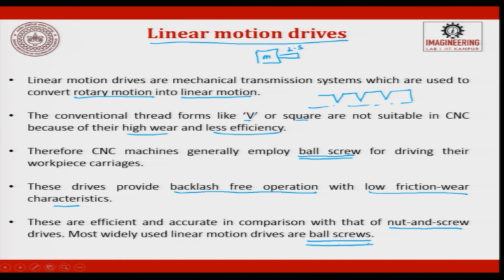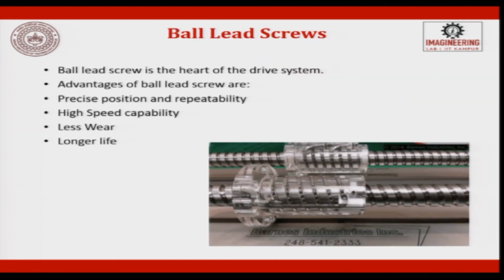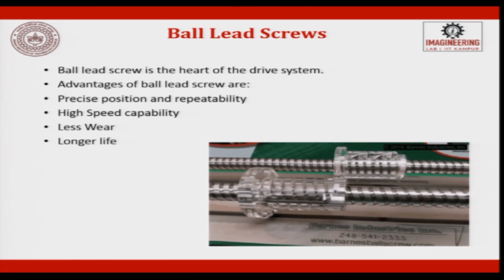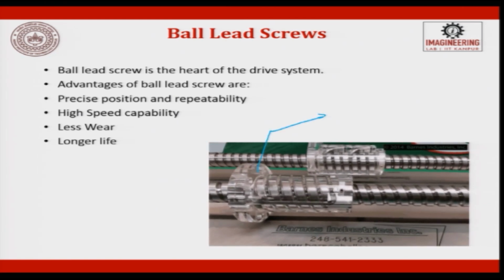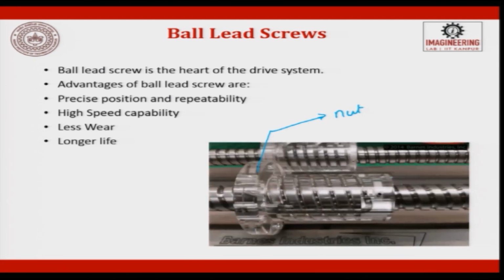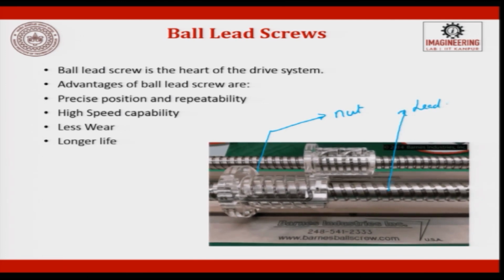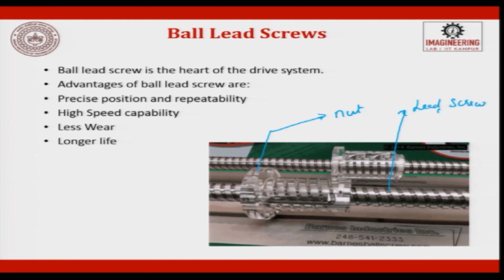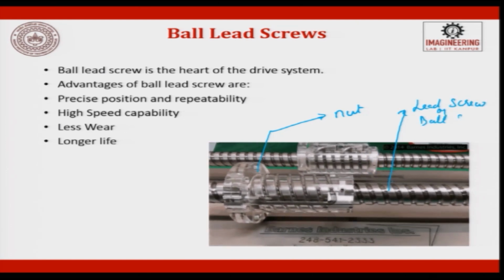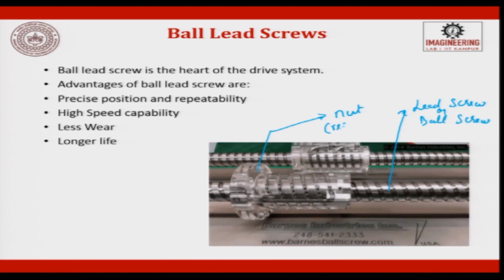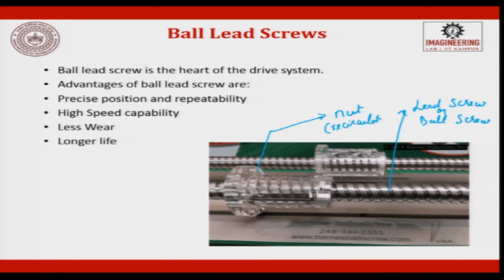So, this is how a ball screw mechanism looks. See, this is the nut and this is the lead screw, or the ball screw. The nut is otherwise called a recirculating nut.